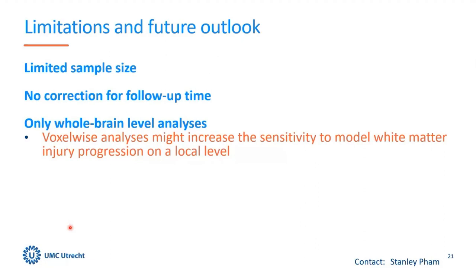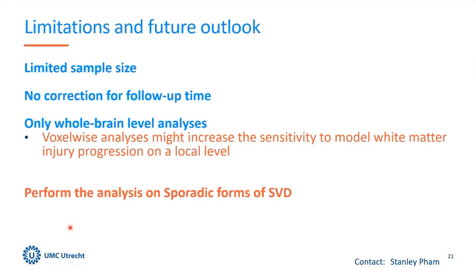And maybe using BOLD CVR, which we inherently measured on a voxel-wise level, we can hopefully see if that can also tell us something about local damages that might arise in the white matter in these participants. So it's a lot of interesting stuff that we can still do, and hopefully we can also apply the same analyses on our secondary cohorts of small vessel disease patients. These results will hopefully follow soon.